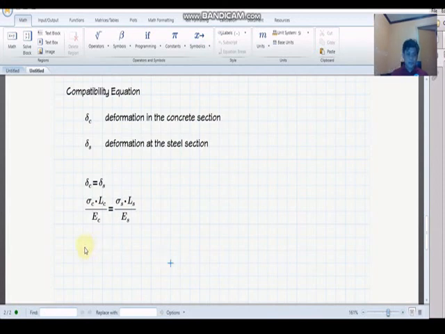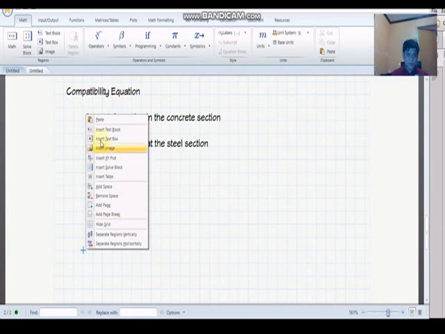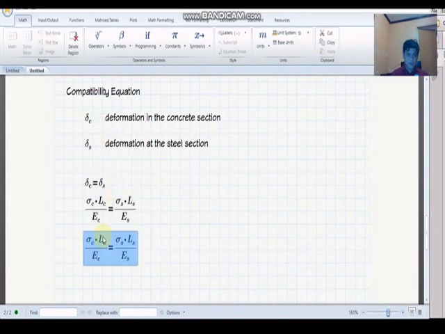So we just copy this one. The equation will be reduced to, let's cancel the length since they are equal.